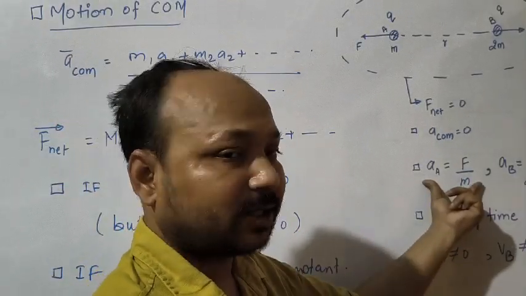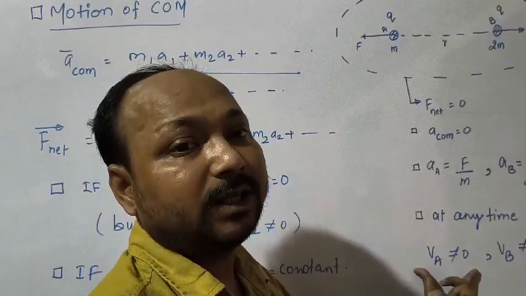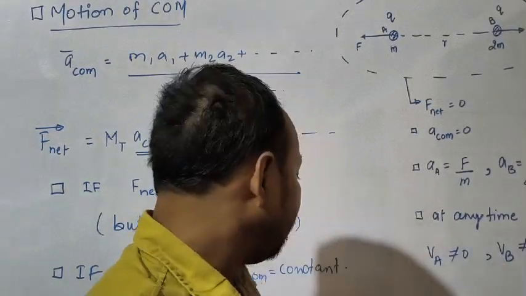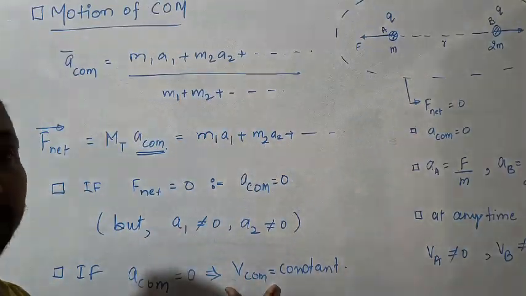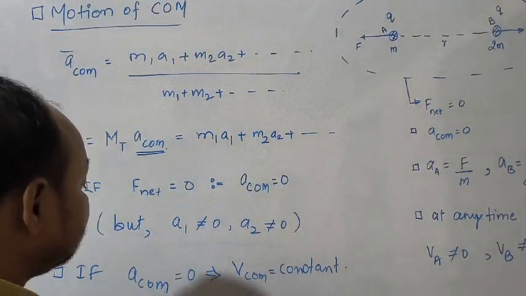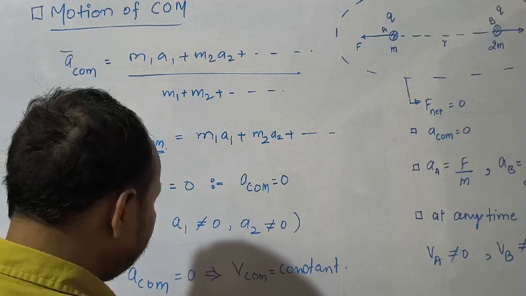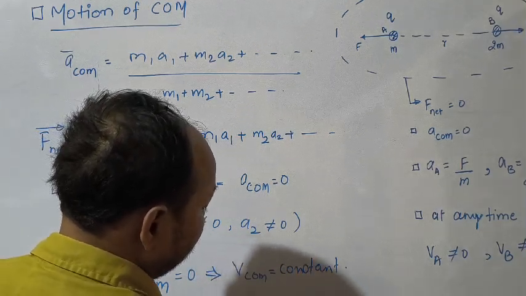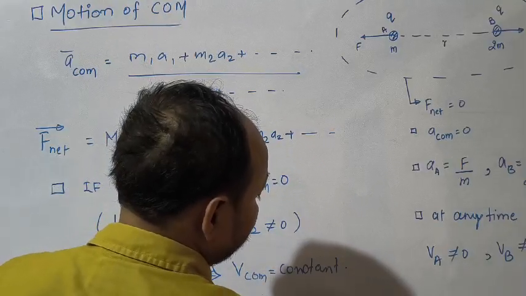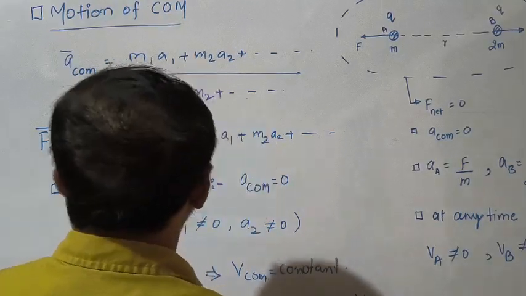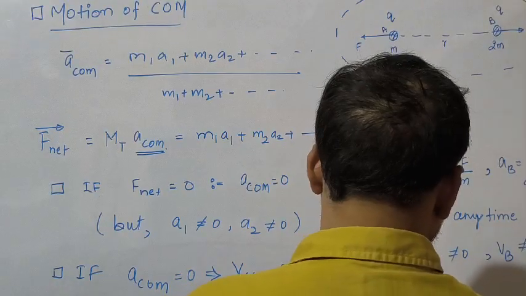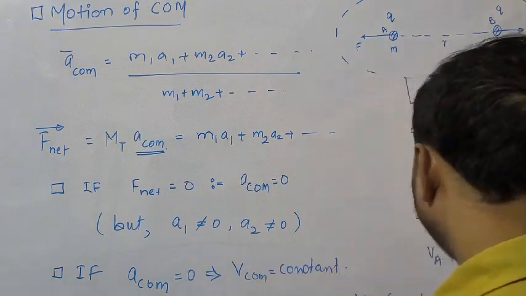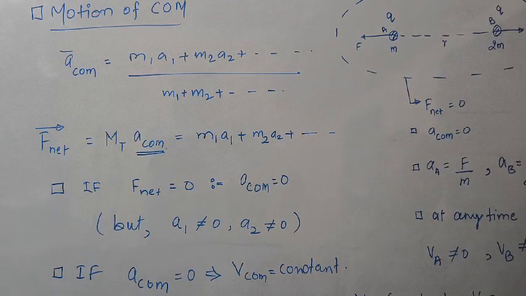Due to the acceleration, this value will continuously increase. Here also, due to the acceleration, this value will continuously increase. So if the velocity of center of mass is constant, this doesn't mean that V1 is constant and V2 is constant.